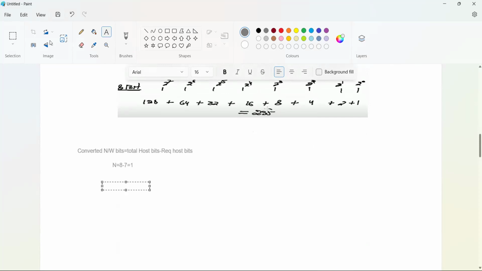This is rule 2, and now rule 3. Once the rules are finished, you will get the answer.